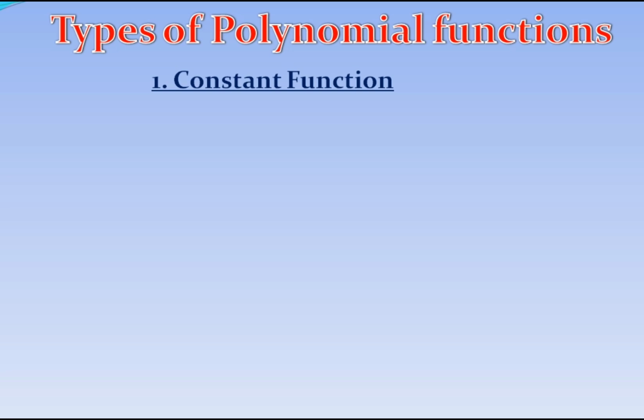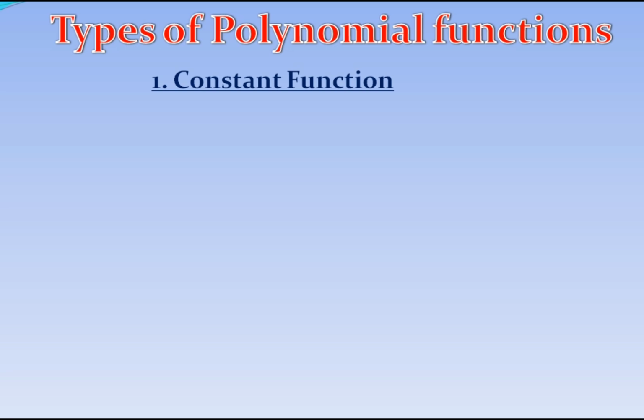Now remember, in the previous examples of polynomial functions, in example 3, we said that h of x is equal to 5, and we call it a constant function. Why did we say it's a constant function? It is a constant function because there is no unknown variable attached to it. That's why we said it is a constant function. So what is a constant function?